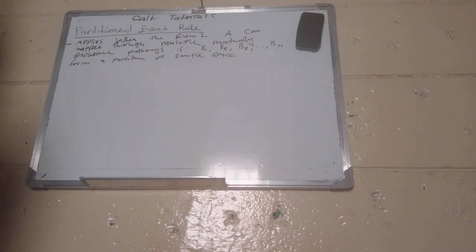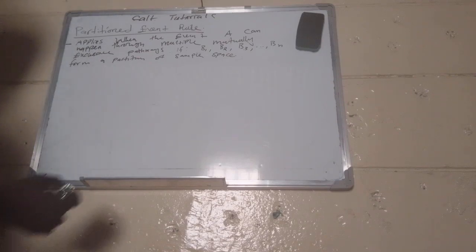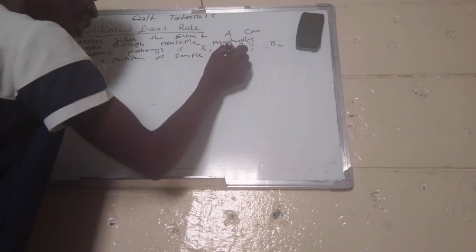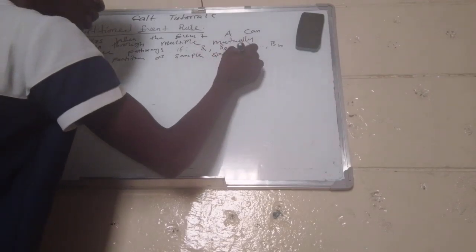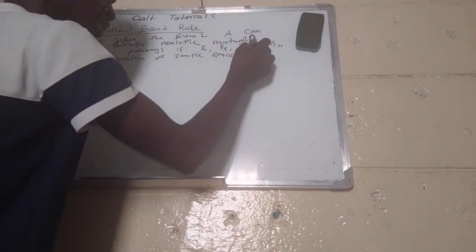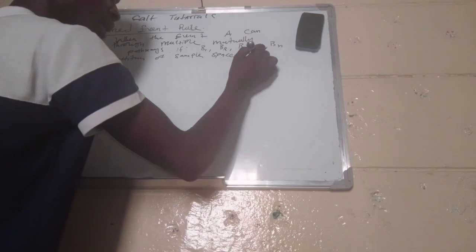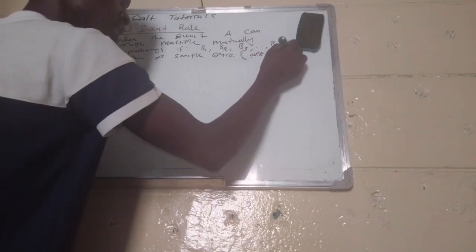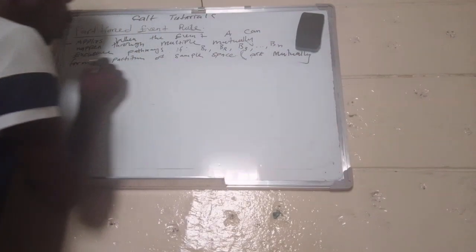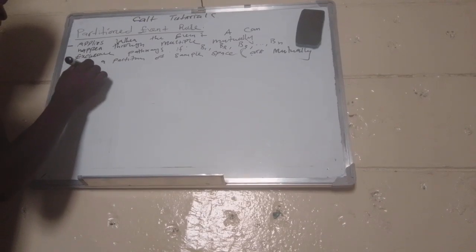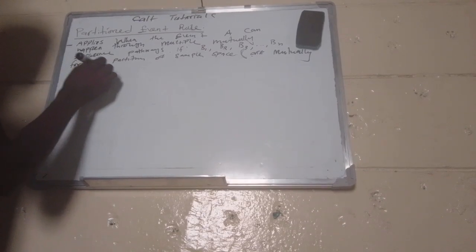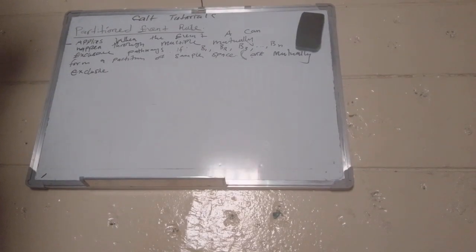Now, we have to understand that these partitions are mutually exclusive, and their union covers all possibilities. By mutually exclusive, it means that they are not happening at the same time.